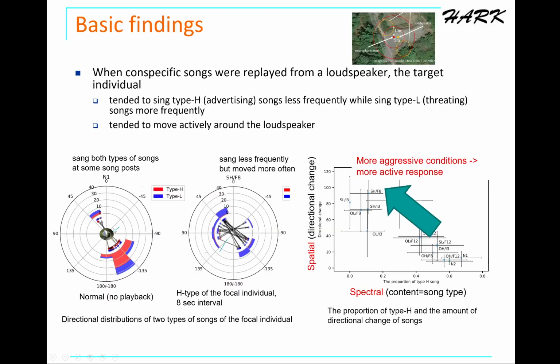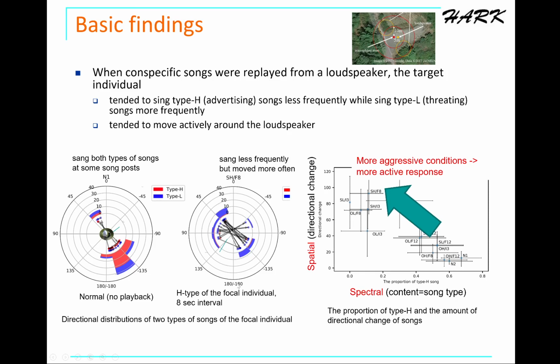And this is a basic finding. This is a directional distribution of the song of the target individual from the microphone array. This is 360 degrees, a directional distribution histogram of the localized sound. So as you see, without playback, this individual tended to sing in this direction and this direction with two types of songs.